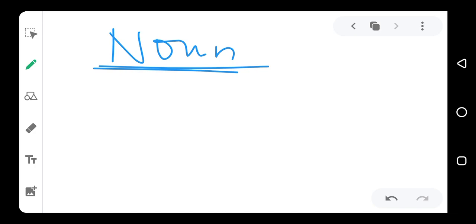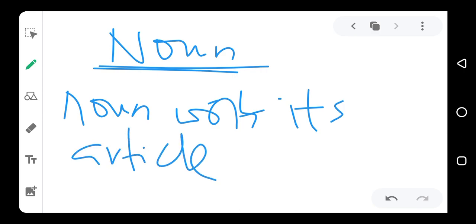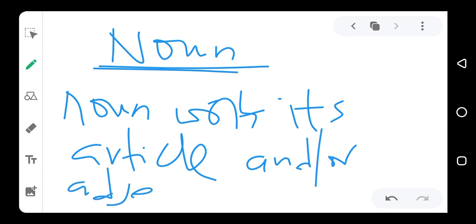A noun phrase is usually a noun with its article and or adjective.